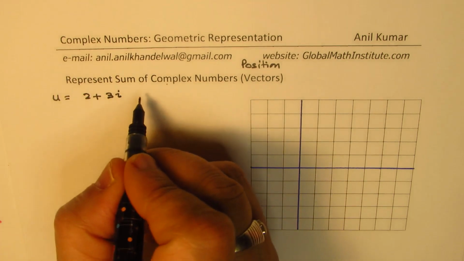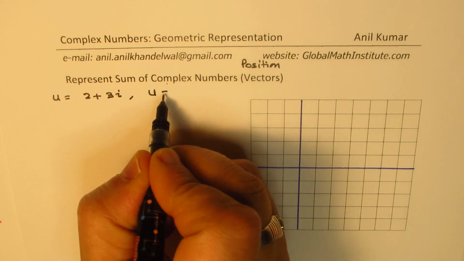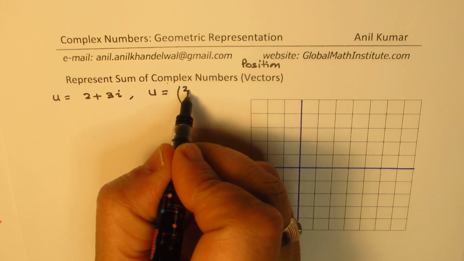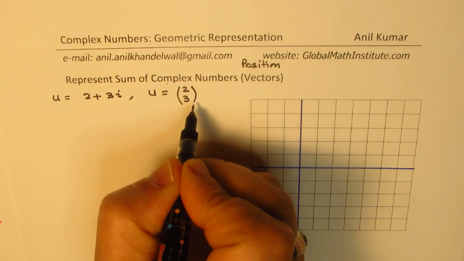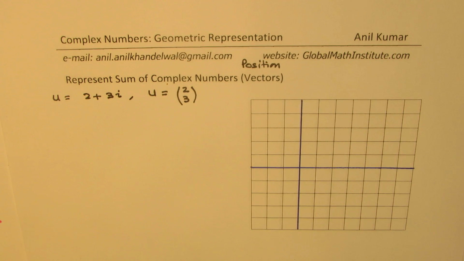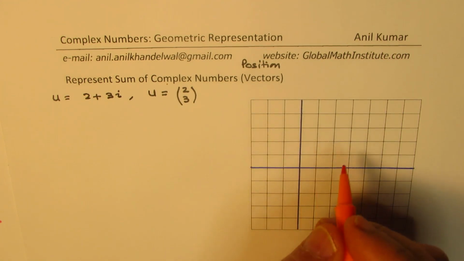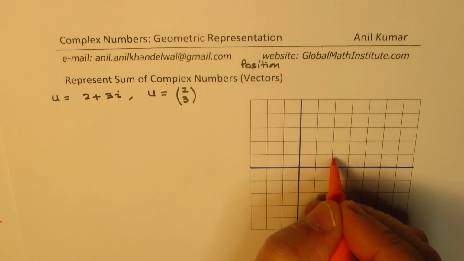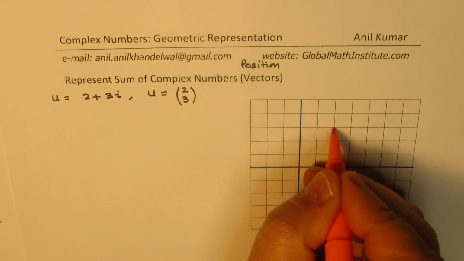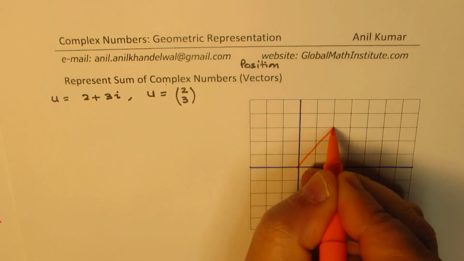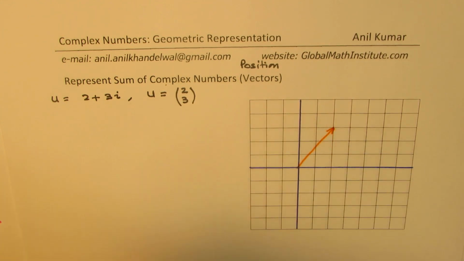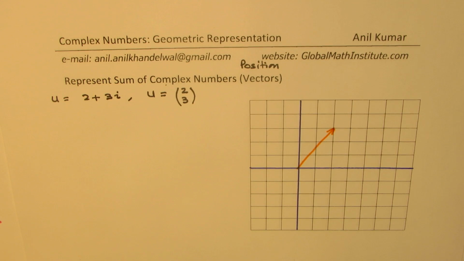We'll normally write this vector as u equals 2, 3. And we can sketch this vector: 2 and 1, 2, 3. So this vector from the origin represents the position vector u.